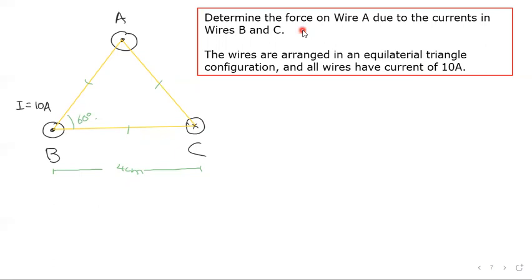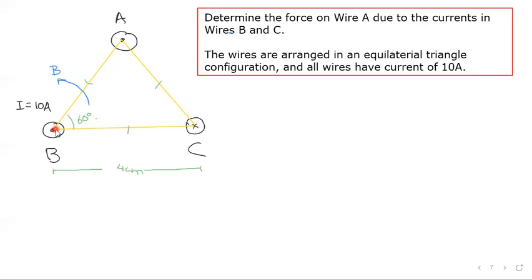So here's the general gist behind the question. YB creates a magnetic field. It's got a current going out of the page. Use your right-hand grip rule, and it's going to create a magnetic field this way. It's going to be circular.